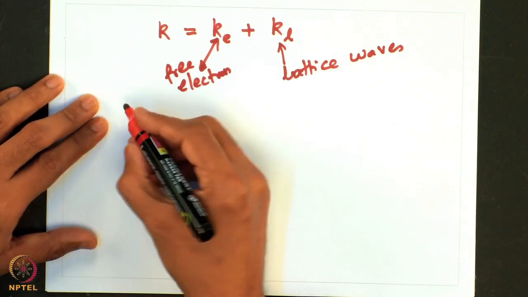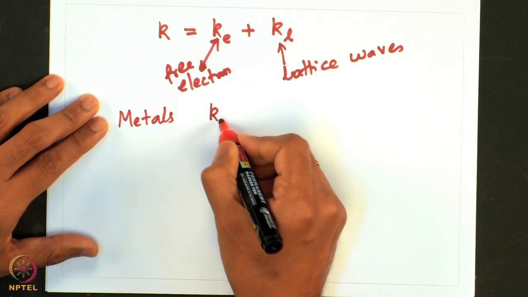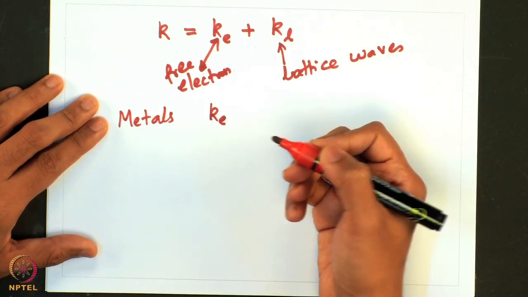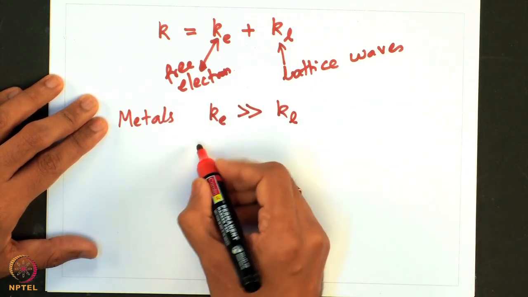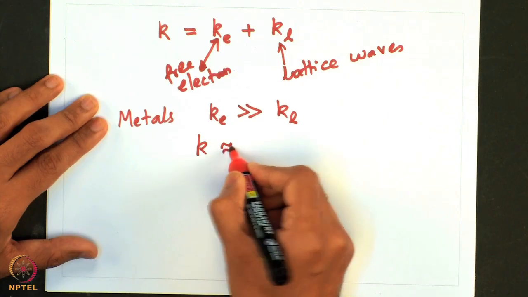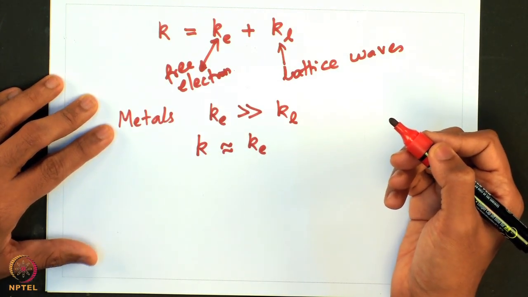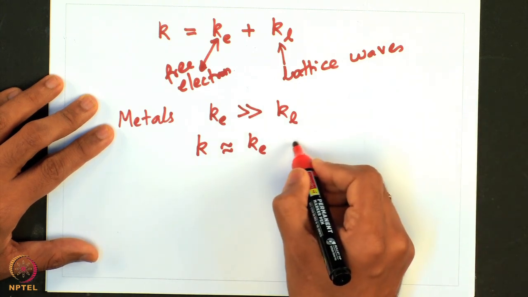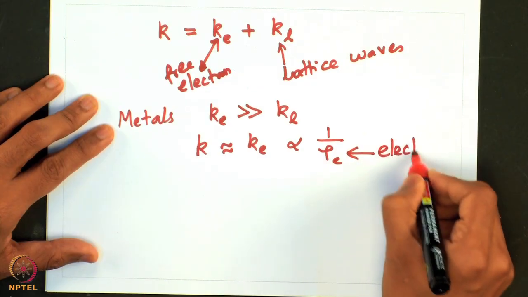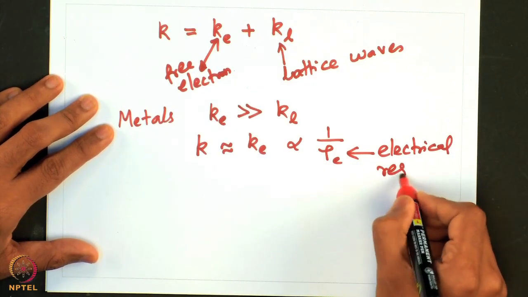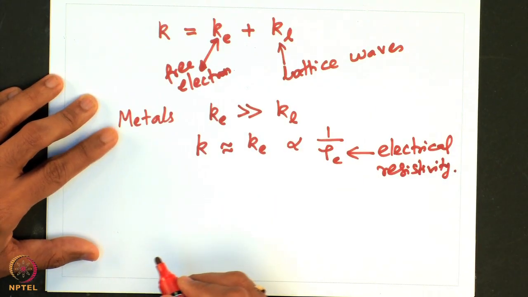If you take metals, then the thermal conductivity component due to free electrons is much higher than that of the lattice. So, for such systems, K is approximately equal to Ke, which is typically a function of 1 by rho e, where rho e is the electrical resistivity of the metal.